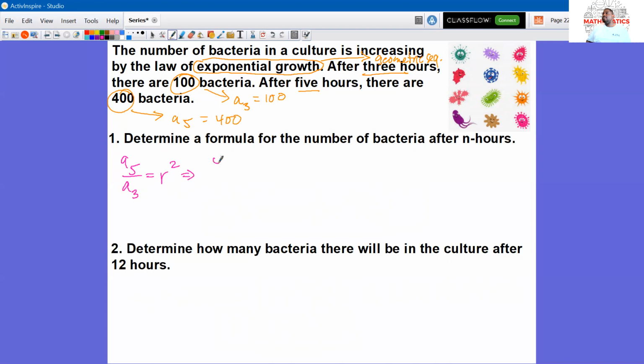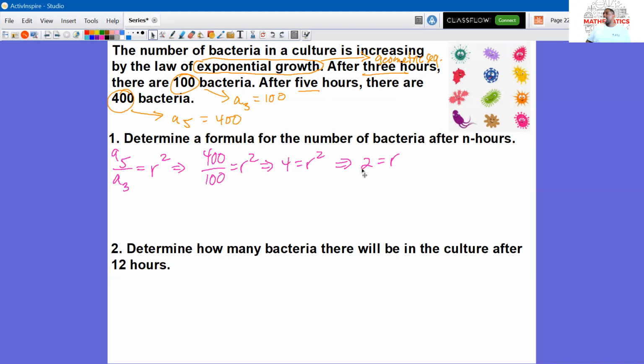So in this case, I got 400 over 100 equals R squared. So 4 equals R squared. That implies that 2 equals R. So our common ratio is 2.